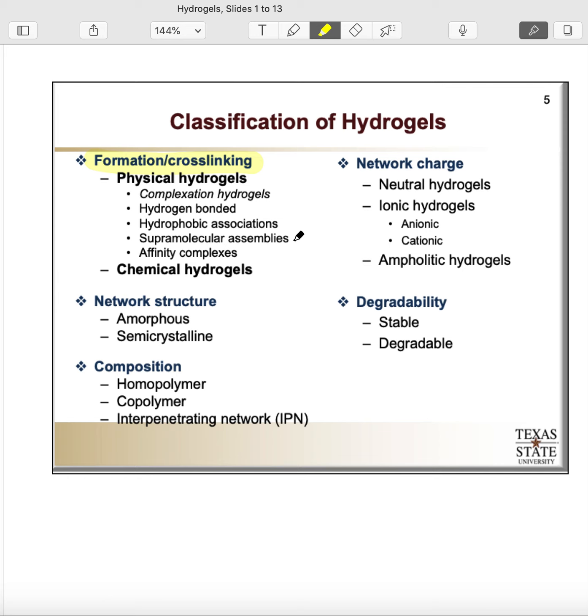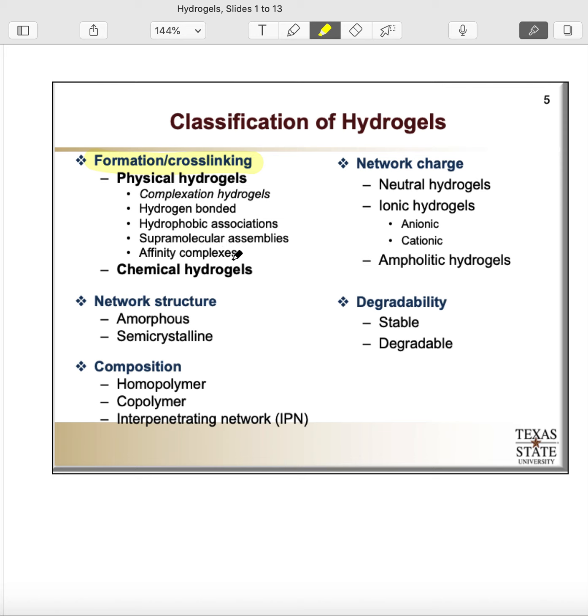But these are basically interactions, typically hydrophobic interactions between these macrocycle structures and hydrophobic moieties. And then affinity complexes, where we might be utilizing the affinity between, let's say, an antibody and an antigen, or an aptamer and an antigen, or a biotin-avidin interaction, and we'll discuss those in a second. But all of these are reversible and they do not involve chemical cross-linking or covalent association.